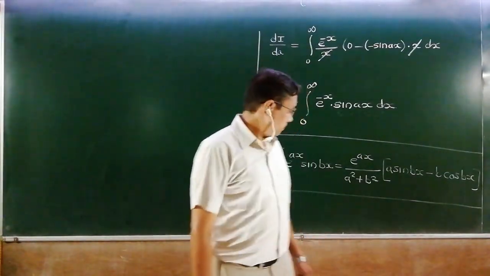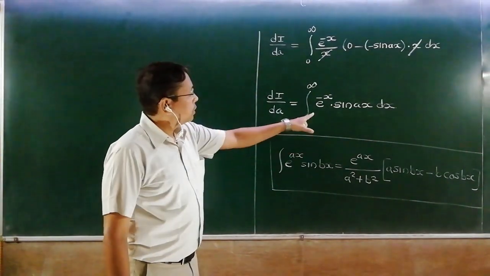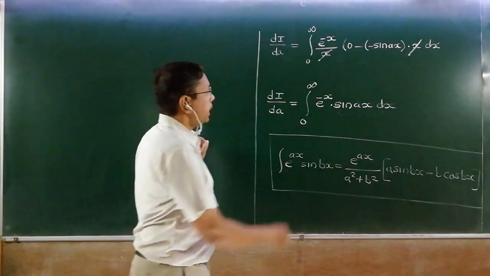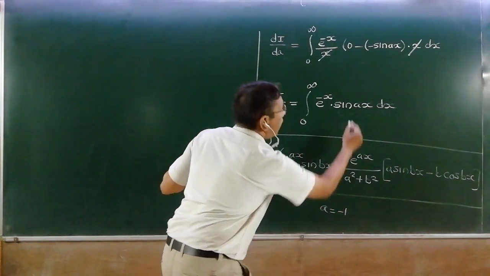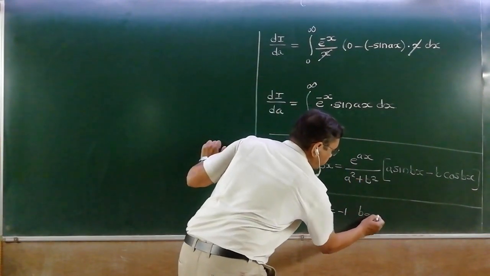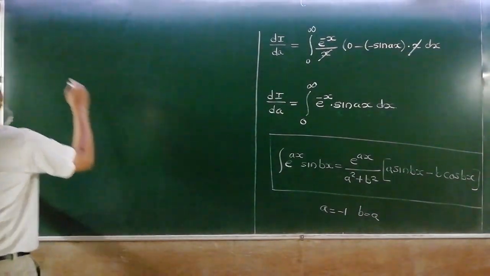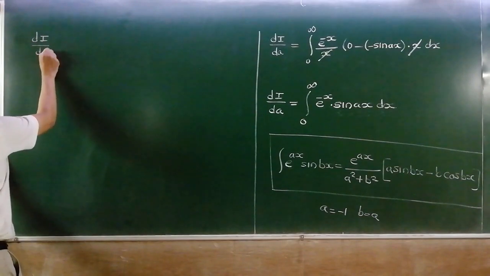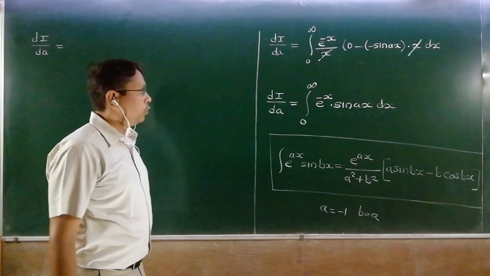Next step. Now I have to apply this formula to solve this integral. As per this formula, a is minus 1 and b is a. So let us apply the formula. dI by dA, we are going to solve this integration now.